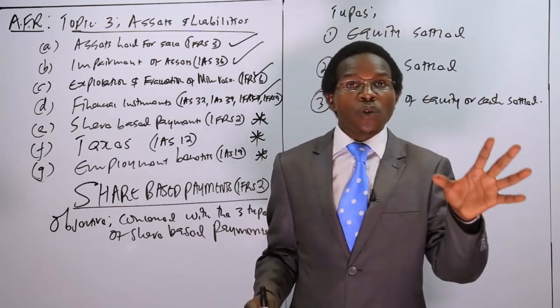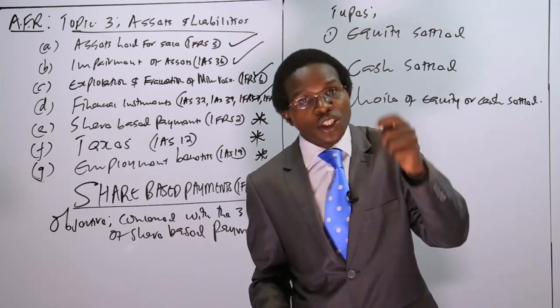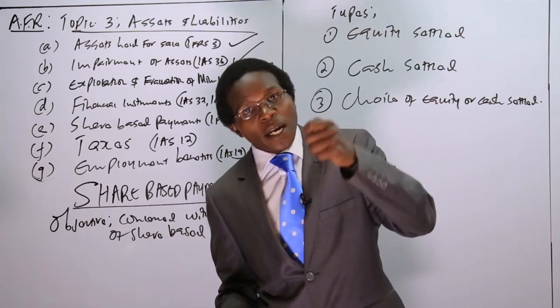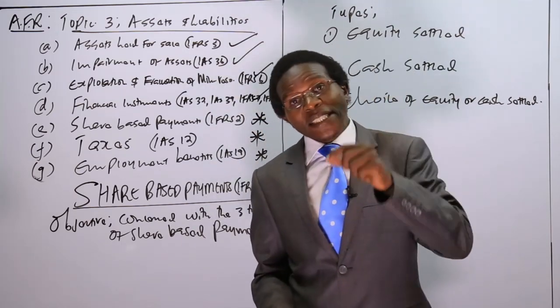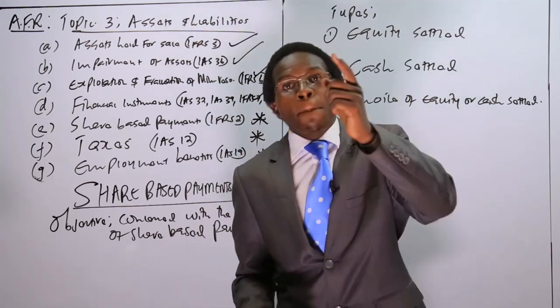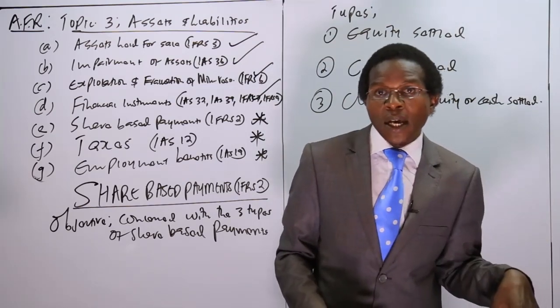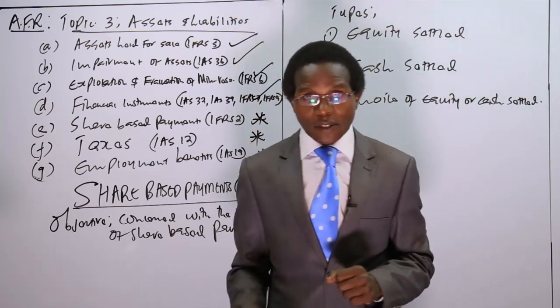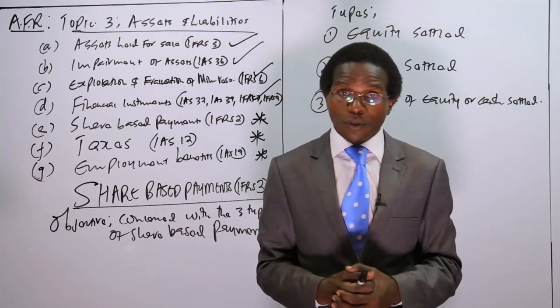When you talk of equity settled, we are looking at the number of shares that will be issued to those who have supplied goods and services to the firm. When you talk of the cash settled, we'll be looking at how much we pay based on a certain number of shares at a certain market price at some point in time in future.